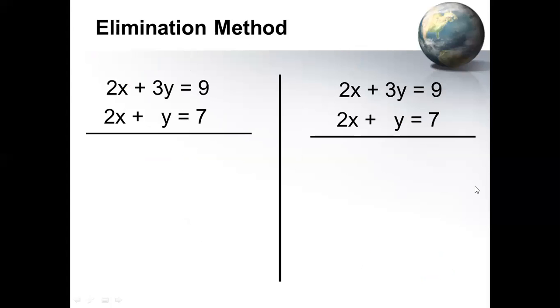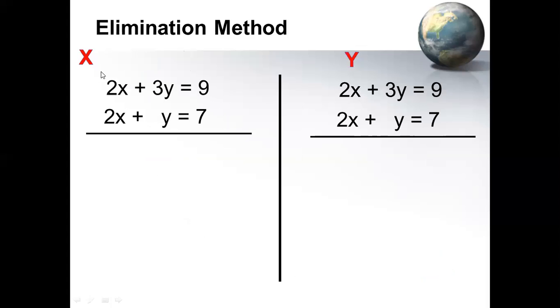Let's see this example. I have 2x plus 3y equals 9, and 2x plus y equals 7. I'm going to write it twice. On the first side I'll write x, on the second side I will write y, which means I'm going to eliminate x first.